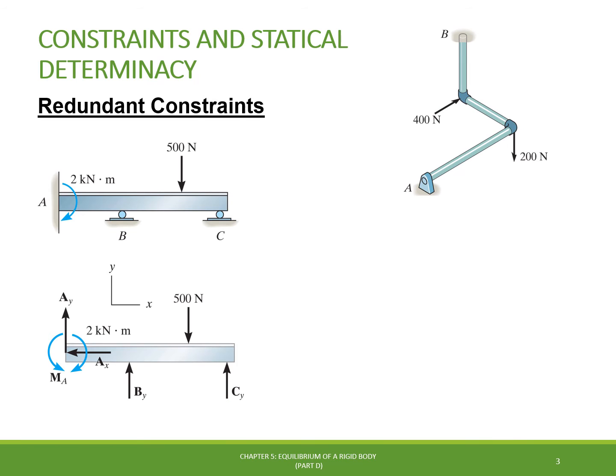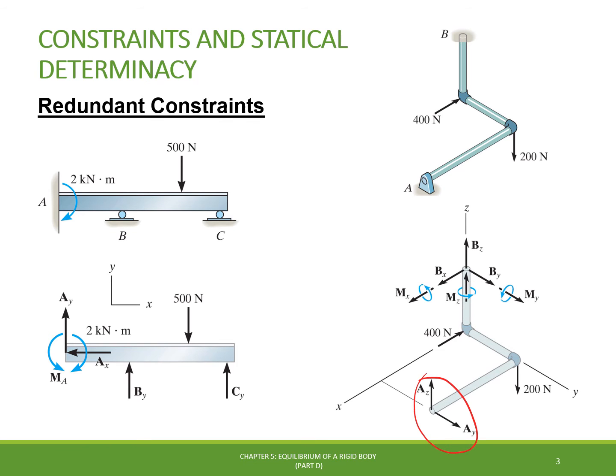The same kind of situation happens in the 3D representation of a pipeline assembly shown here, in which the single bearing support at A and the fixed support at B will generate 2 reactions at A plus 6 reactions at B. As we saw in the previous slide, we have only 6 equations to solve this 3D equilibrium problem, and then the problem is statically indeterminate.